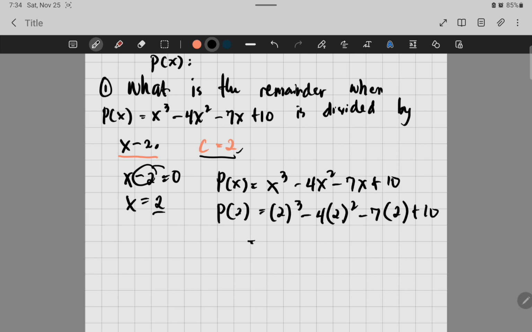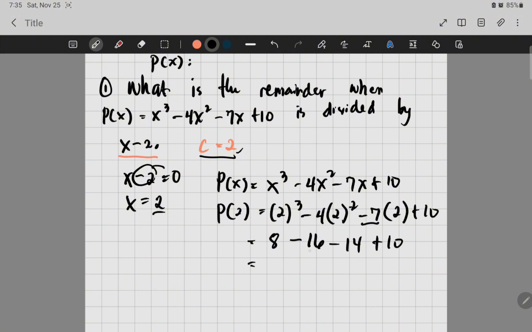Then, you simplify. What is 2 raised to 3? Okay, that is 8. Minus 2 raised to 2, that is 4, times 4, that is 16. And negative 7 times 2, that is negative 14 plus 10. Then, you simplify again by starting from left to right.